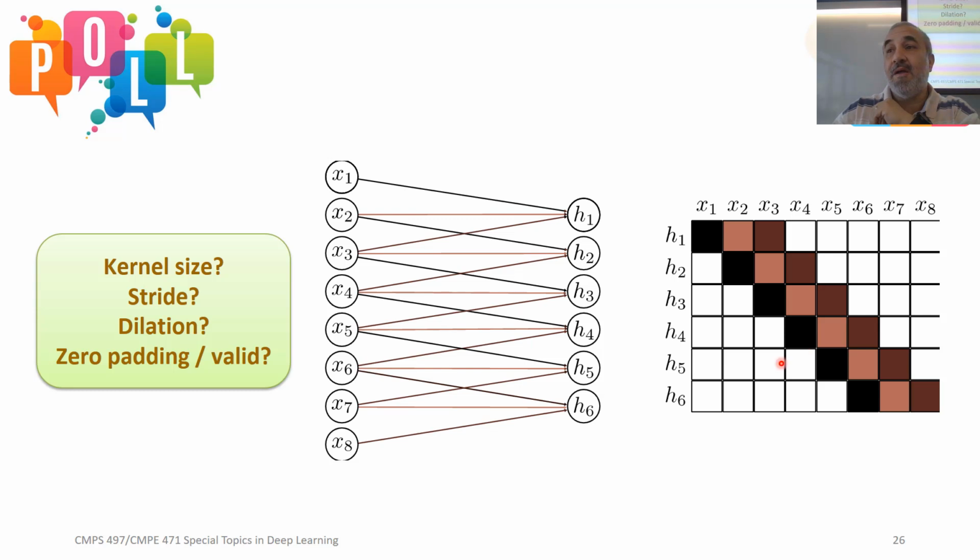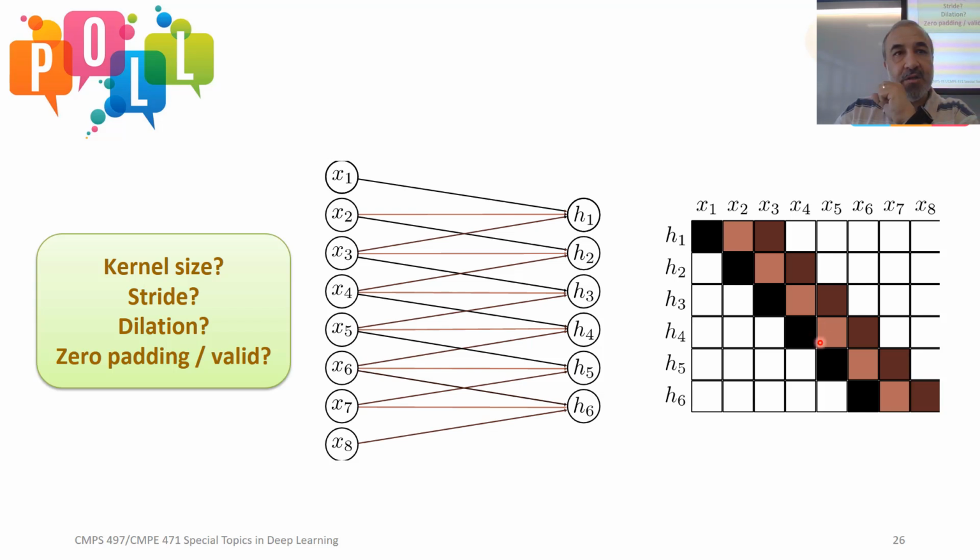How can you tell the stride from here? You can see that this is like the kernel. These are the weights of the kernel. You can see that to compute H4, we shifted the kernel one element, one position. Okay, so the stride here is 1.